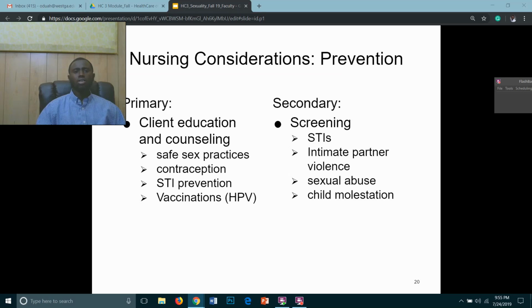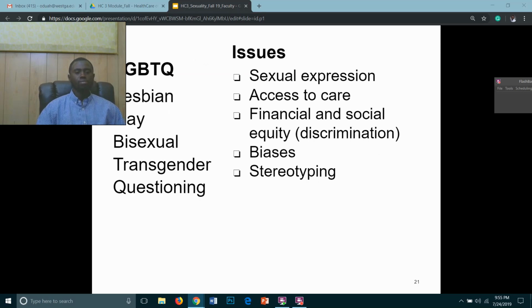There is also intimate partner abuse and violence, sexual assault, and child molestation, which can be identified through secondary screenings for prompt treatment, for counseling, or for the removal of the client from such an environment.